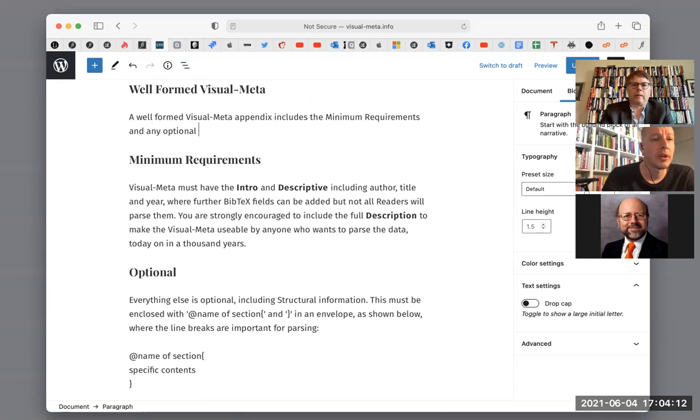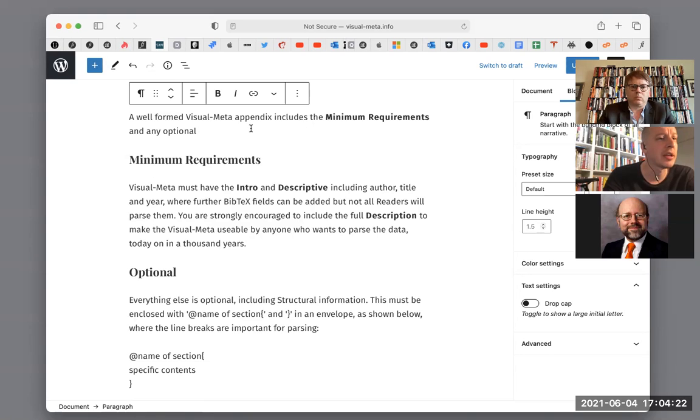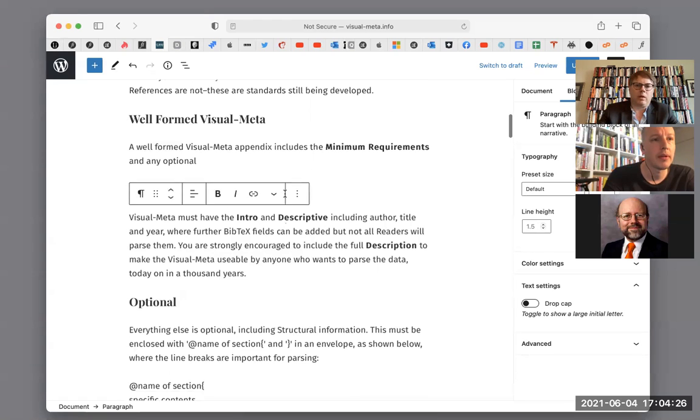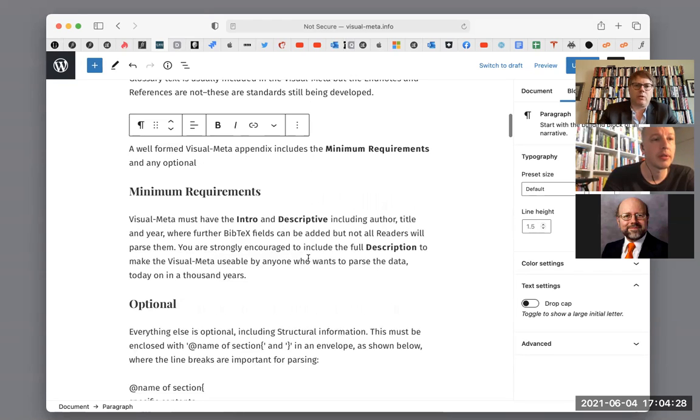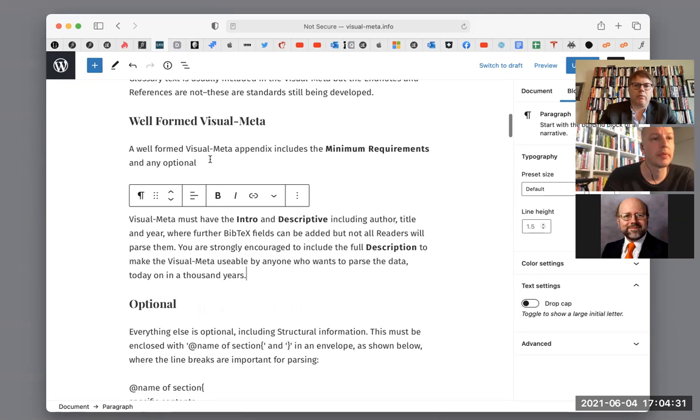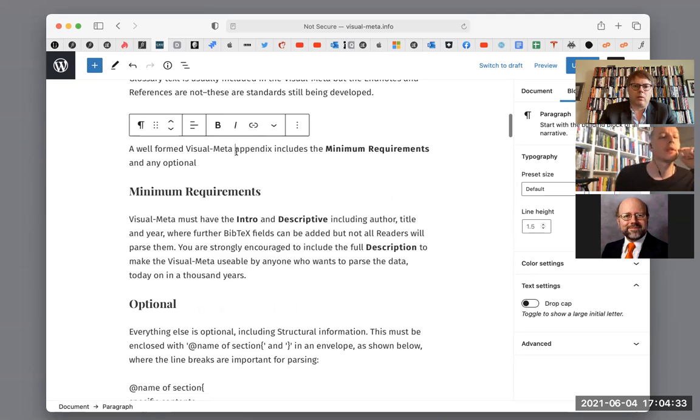And what we haven't really discussed here is many syntax details, like how to handle line breaks, how to handle brackets correctly. Yeah, I agree with you. Let's just finish this sentence first. A well-formed visual meta appendix, when I capitalize that, includes the minimum requirements and any optional elements.